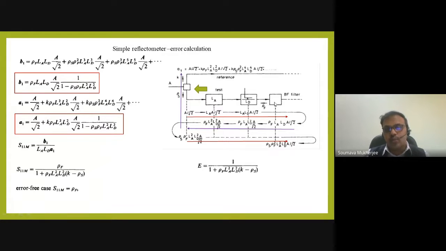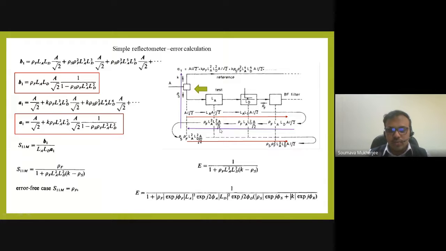So at each point, this attenuator will attenuate the amplitude of the wave. So after two or three cycles, the wave will be very much attenuated, and then there will be no more reflection. So just to ensure that this error is getting erased, we are adding an attenuator in the path. Okay, that was the purpose of the attenuator.